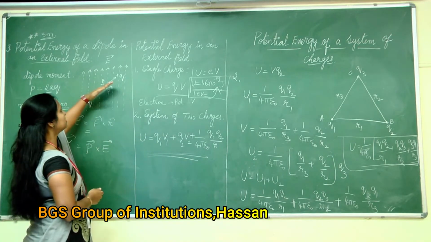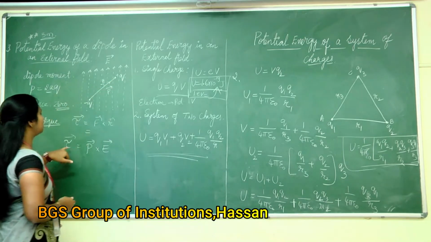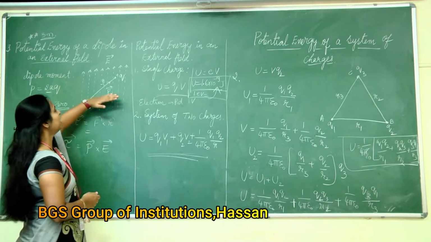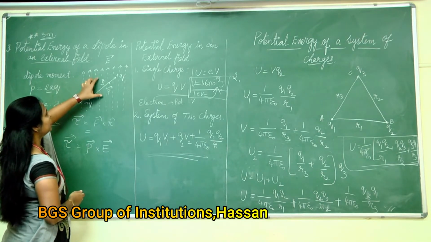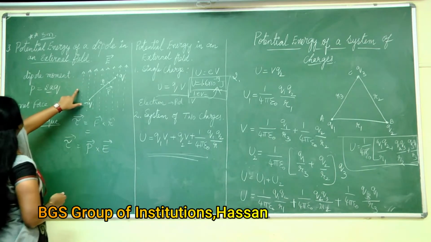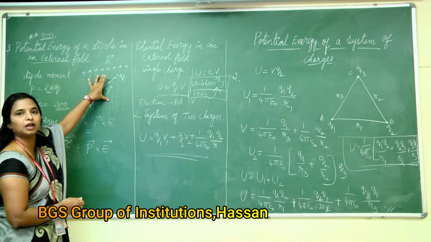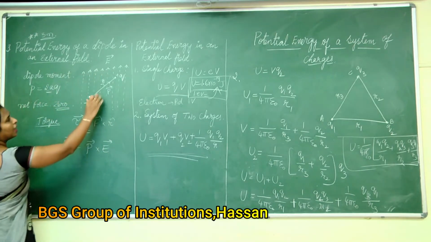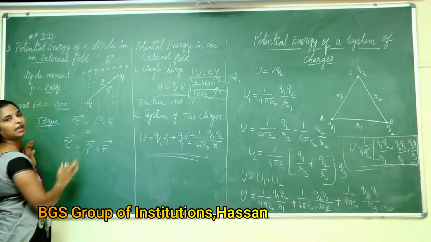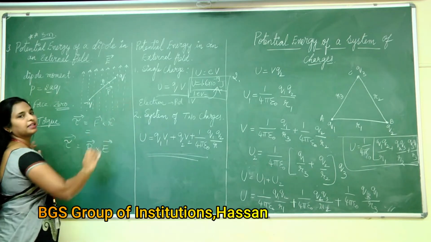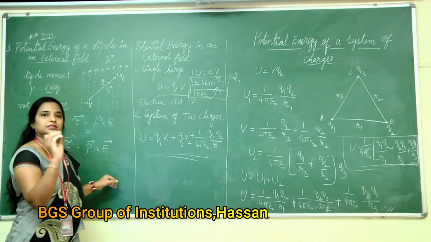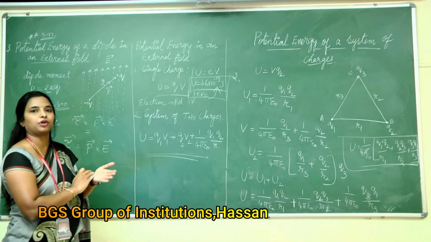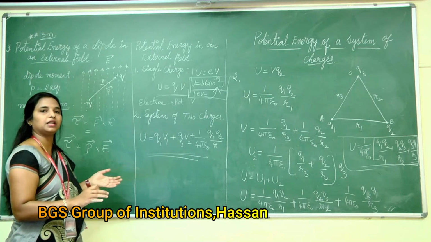So when this dipole rotates due to the torque and it neutralizes, it comes to the neutralized state, then the work done or potential becomes 0 because the dipole will become perpendicular to the electric field. Cos theta becomes cos 90, which is 0. That is why we get the electric potential as 0.